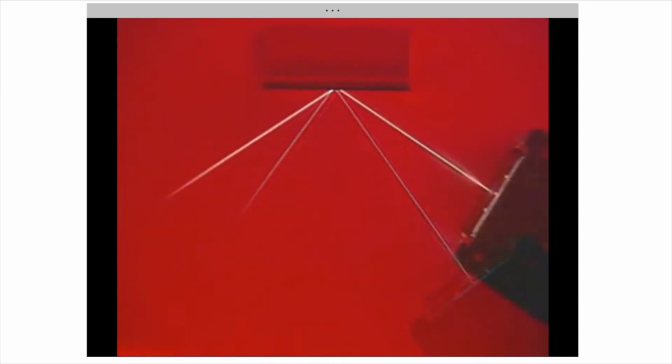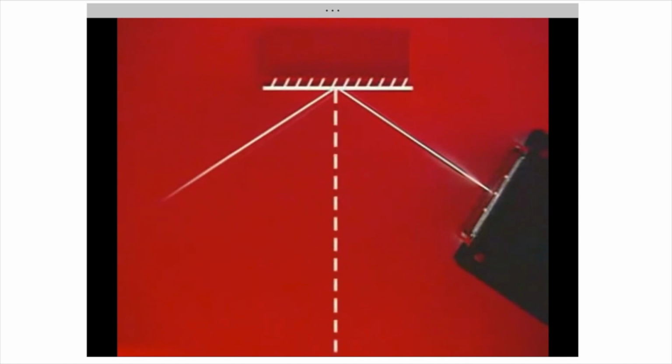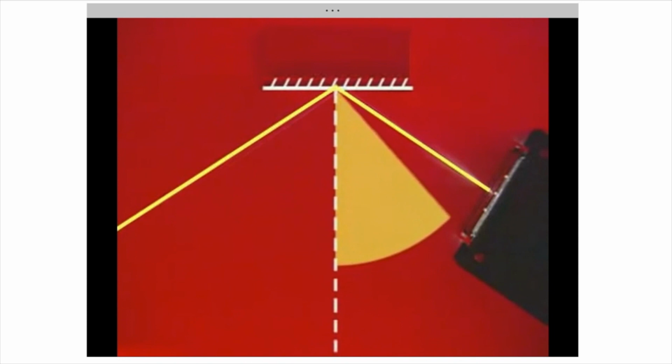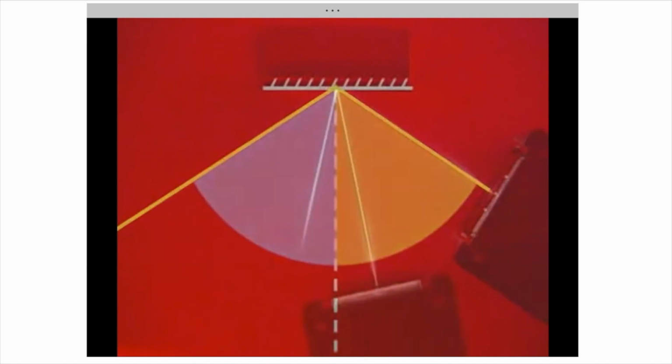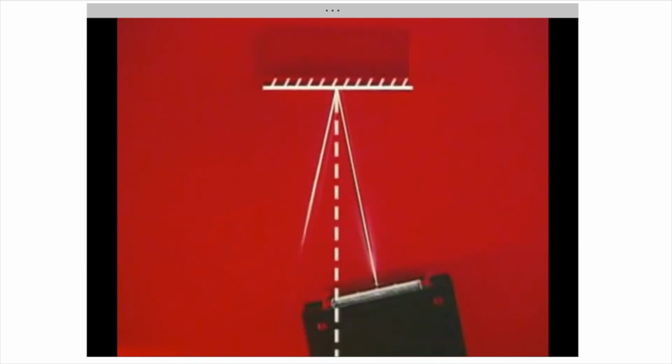So, what happens when the beam is moved? For each ray of light, the angles of incidence and reflection are always the same size.